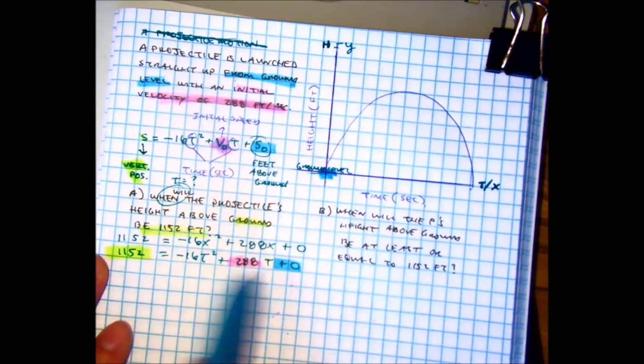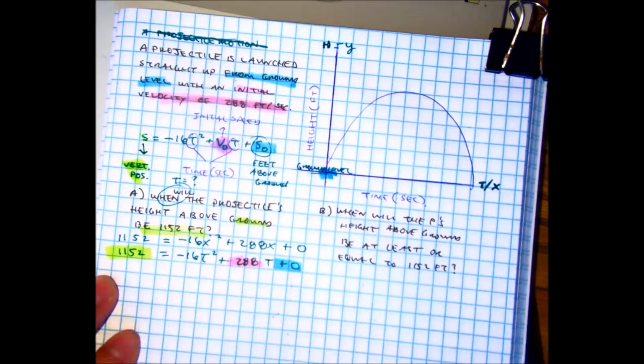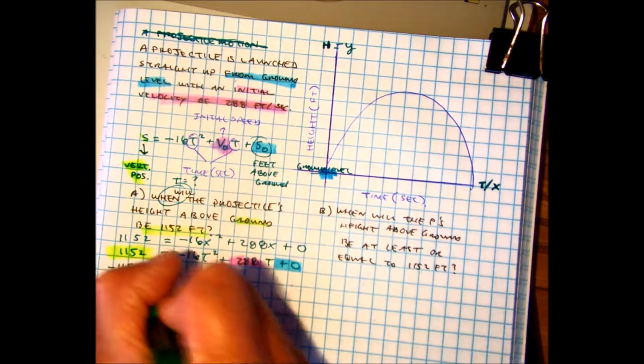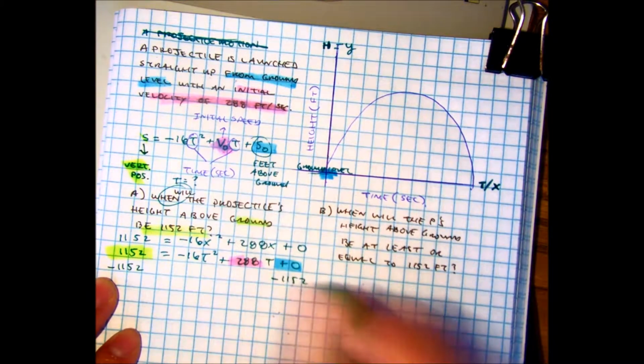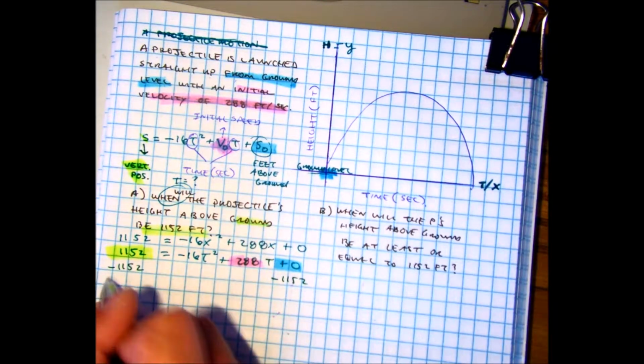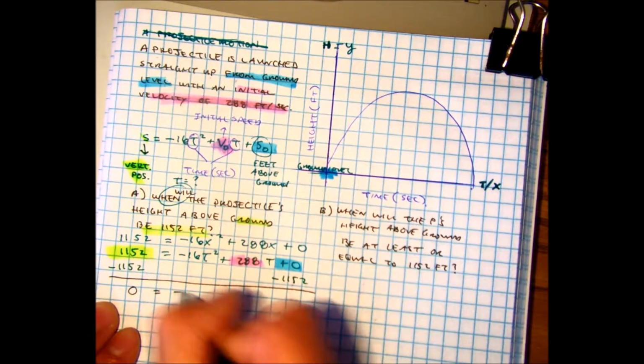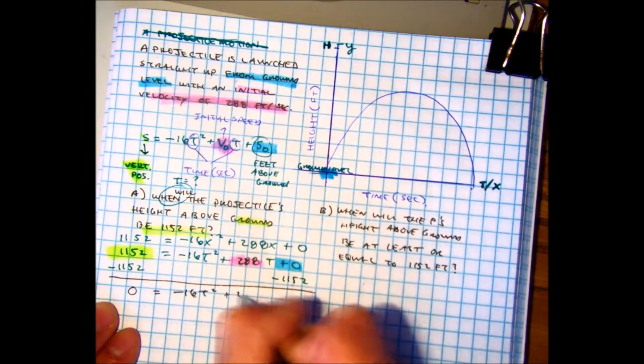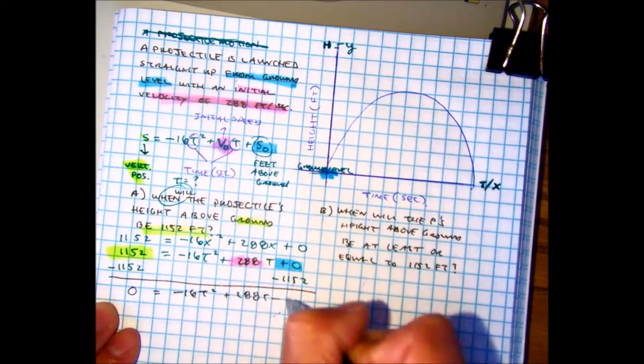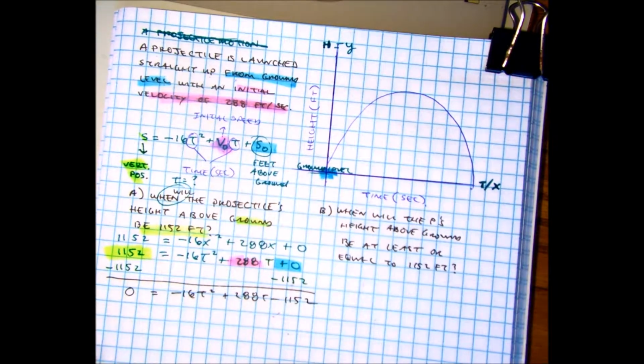Well, I have a quadratic, it's not set equal to 0, so I'm going to subtract. Zero equals negative 16t squared plus 288t minus 1152.